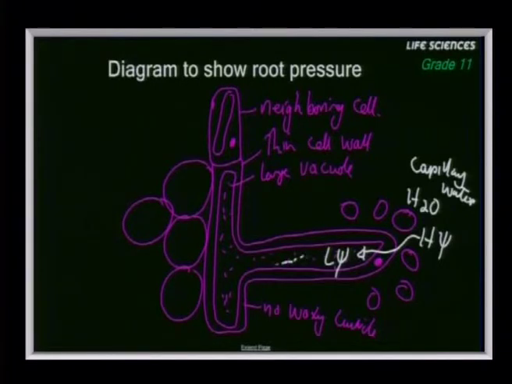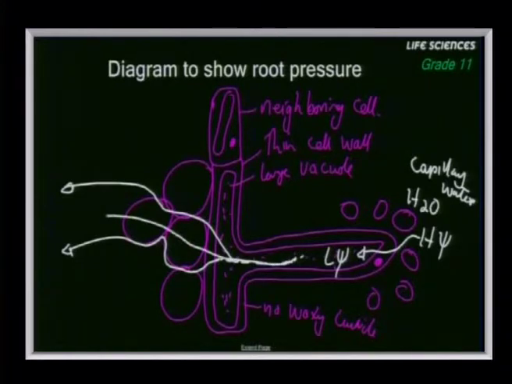The water then moves along, and it goes either along the cell walls, or through the air spaces, or the water is going to go all the way through the cells. If it goes through the cells, it's going to be osmosis. If it passes around the cells, we call that diffusion.